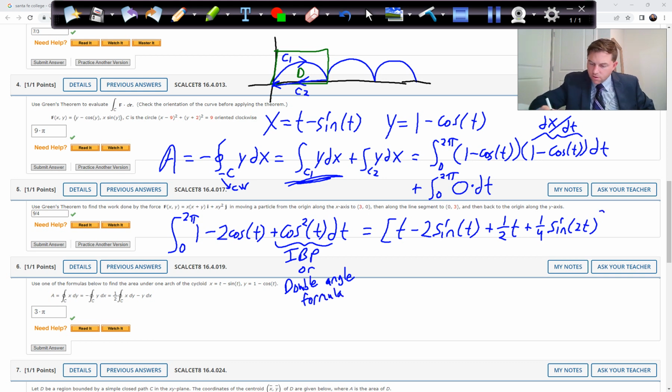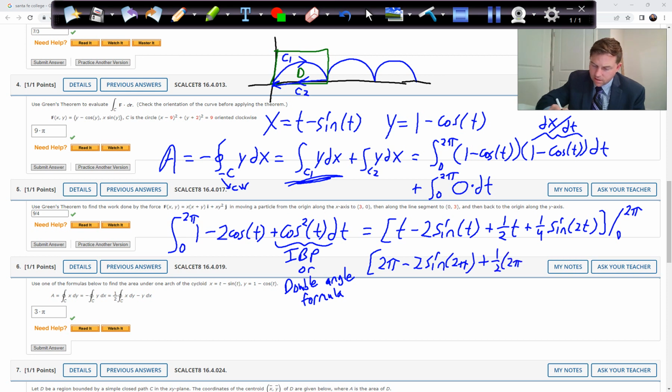Okay, and then we're substituting in 0 to 2 pi. So it's going to be 2 pi minus 2 sine of 2 pi, which is 0, plus 1/2 of 2 pi, plus 1/4 sine of 4 pi.